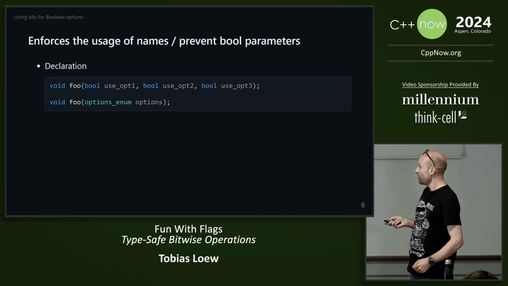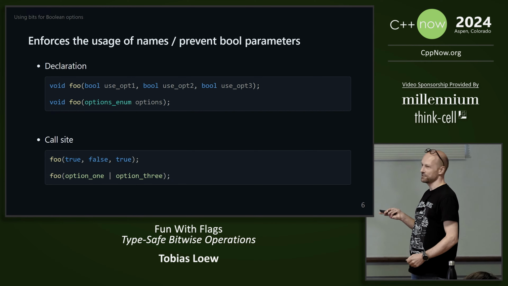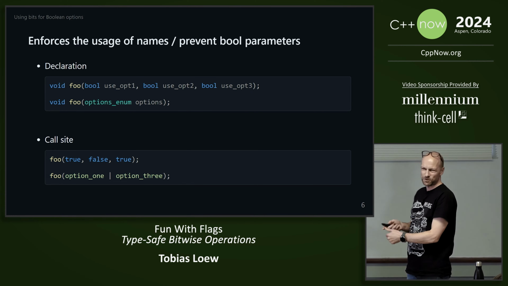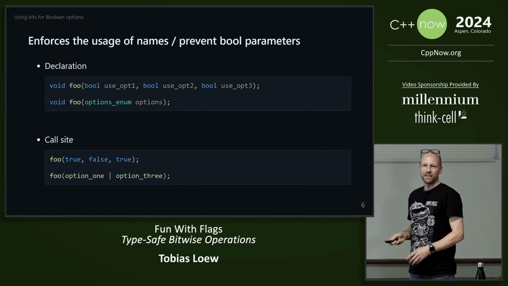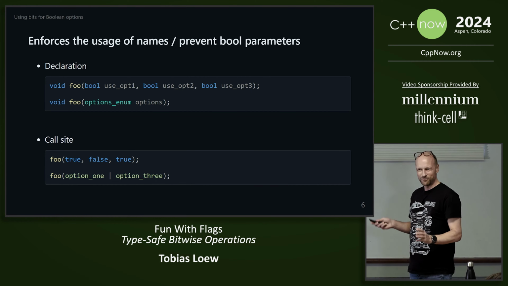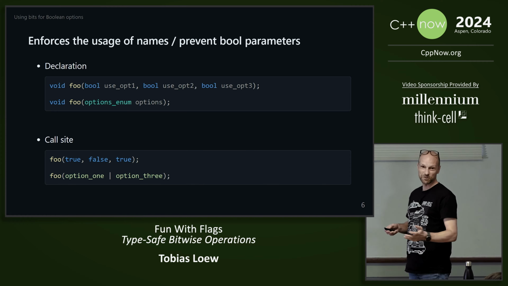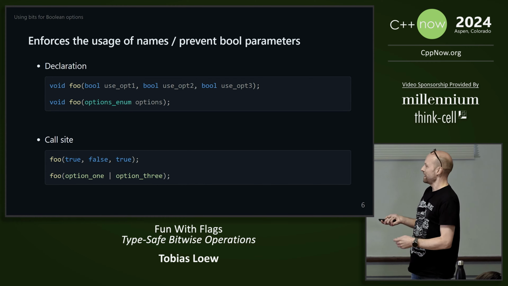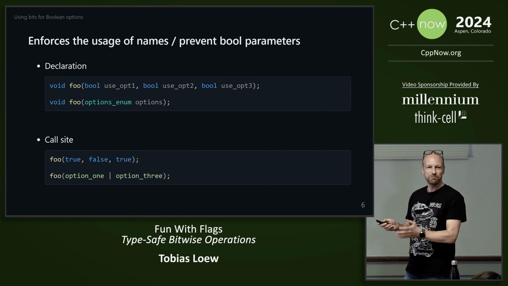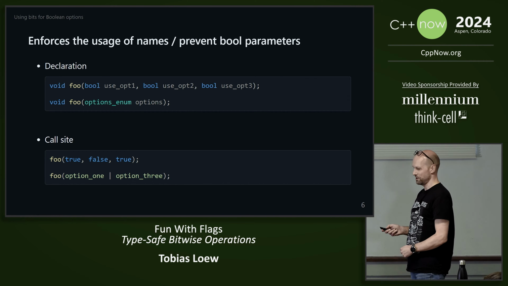But when you look at the call side, there's a disaster with the first one. Nobody knows what the first true or the second false means, if we don't have such fancy argument injection from CLion, which most of us don't have. Here we are verbose, we have to write it out, and people know what you want if they read the code.